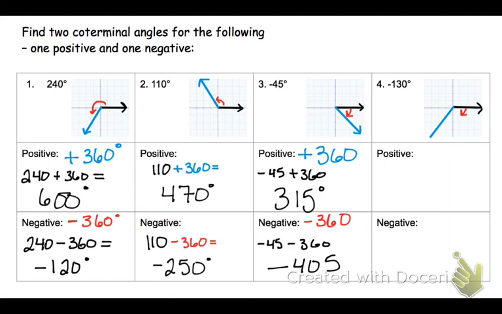It is almost halfway. So there is my negative 130-degree angle. Find one positive and one negative coterminal angle. And then complete the Math Excel on angles.